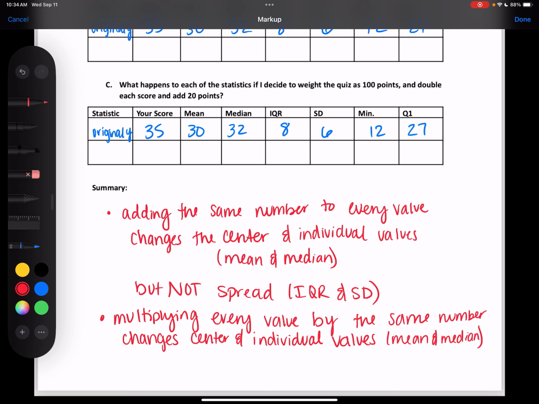So we're multiplying every single value by that multiplier. However, in this case, it also changes the spread, so IQR and standard deviation. So multiplying, everything gets multiplied; adding and subtracting, just not our spread type values.